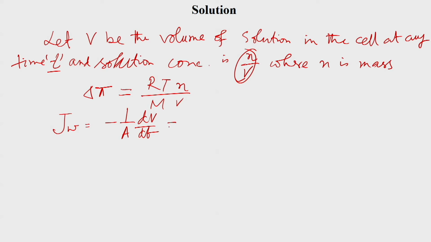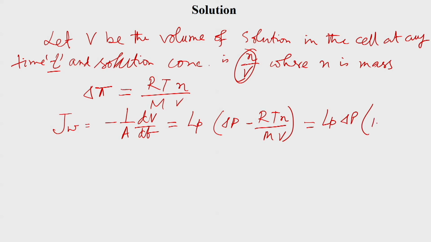That is equal to L P into delta P minus delta pi, that is R T N by M into V. Okay. So, now we can take out delta P from here. So, L P into delta P, this is 1 minus R T N by M V into delta P. Okay.